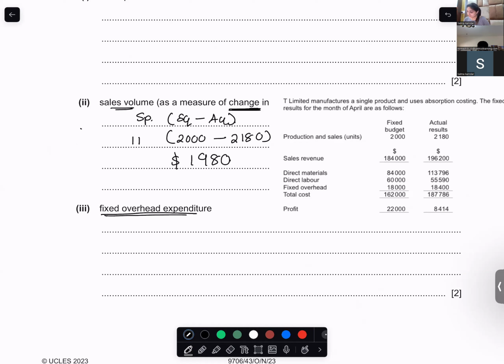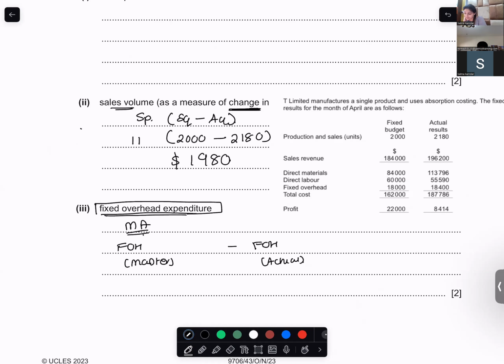Fixed overhead is divided into two: one is volume, and one is expenditure. I have already explained this to you. It's master minus actual: fixed overheads as per master budget minus fixed overheads as per actual budget. So it'll be negative 400 in this case.